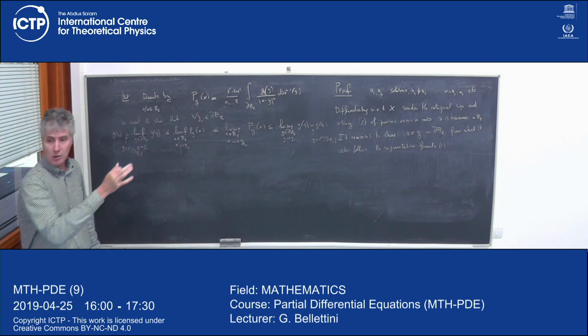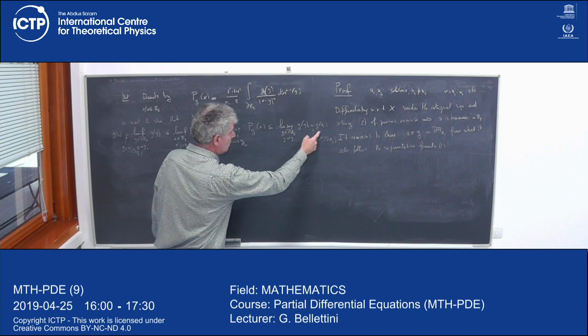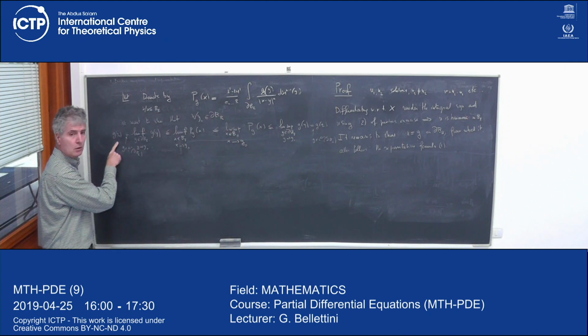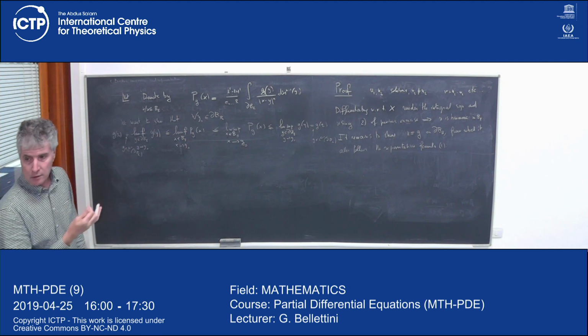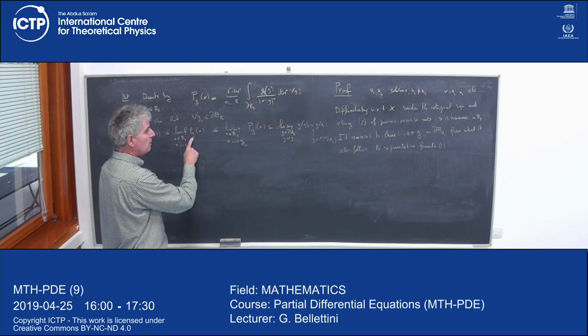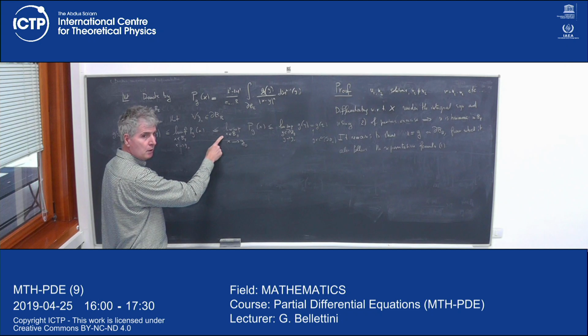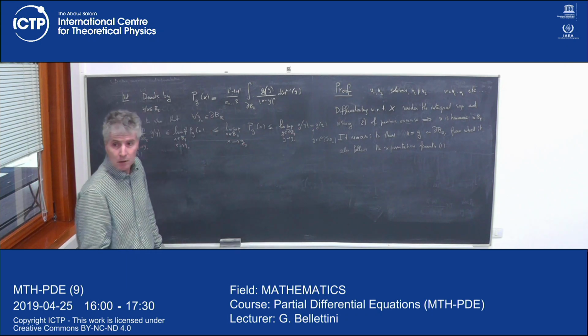Since here we have G of y naught on the right and the same G of y naught on the left, the chain of inequalities is a chain of equalities. Which means that this lim inf must be equal to this lim sup, must be equal to G, must be equal to the limit.